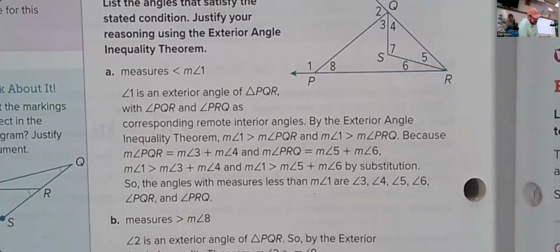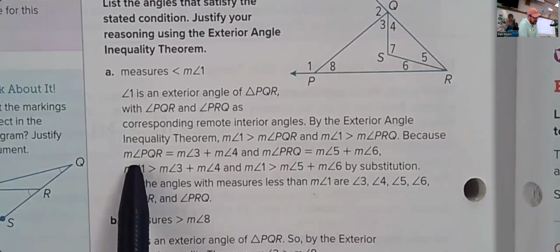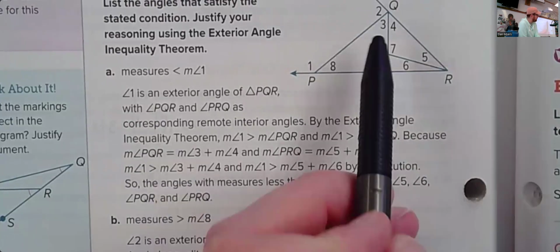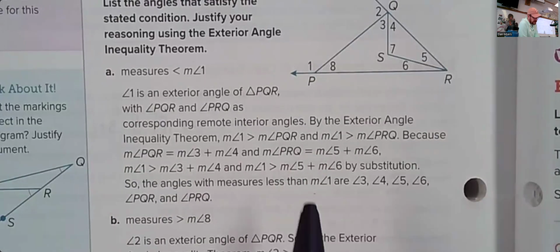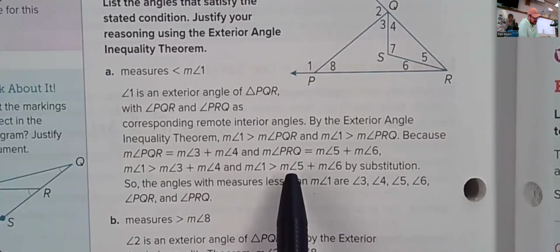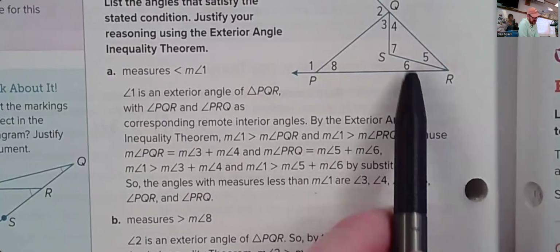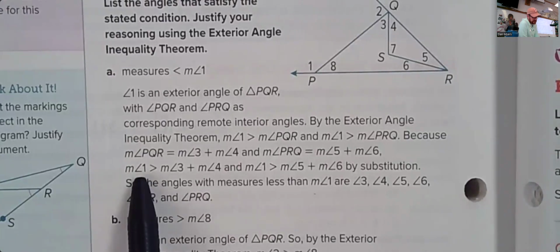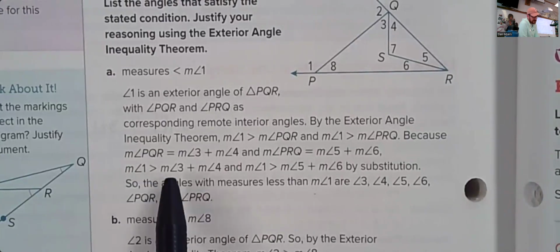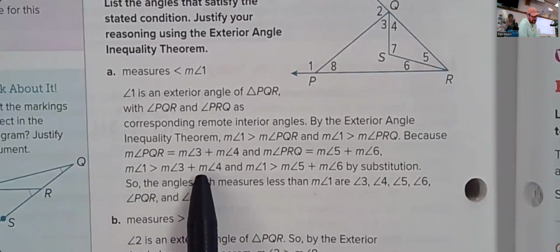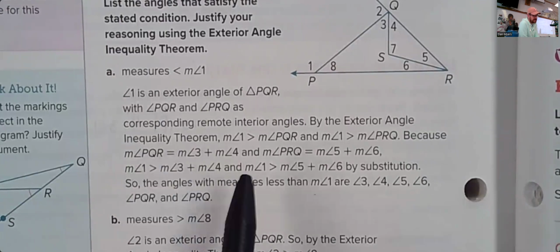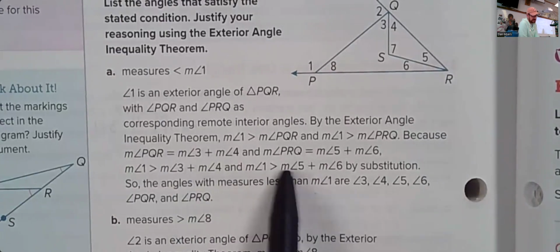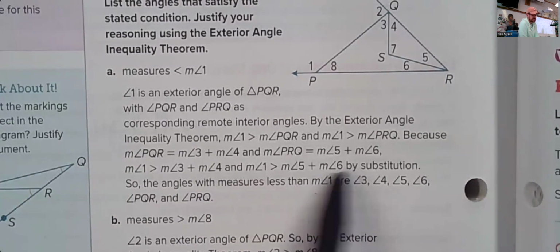So it's also saying that because angle PQR is the combination of 3 and 4, and because PRQ is the combination of 5 and 6, that means that angle 1 is greater than angle 3 plus angle 4, which is the same thing as the measure of angle PQR. And the measure of angle 1 is greater than the measures of angles 5 and 6, because 5 and 6 is the same as PRQ.